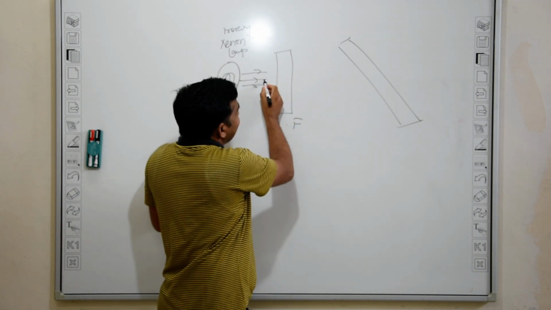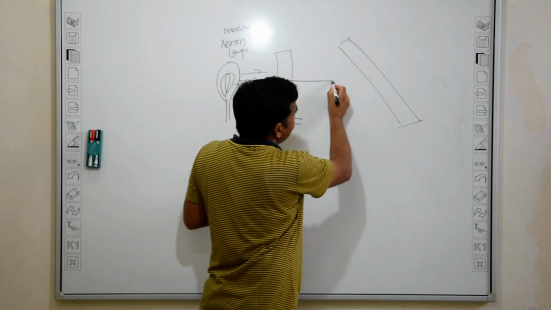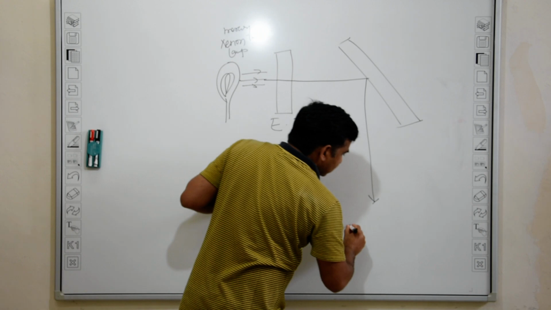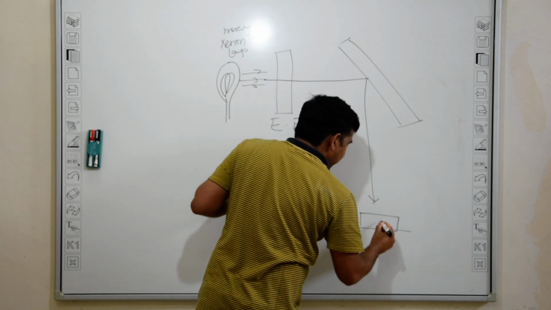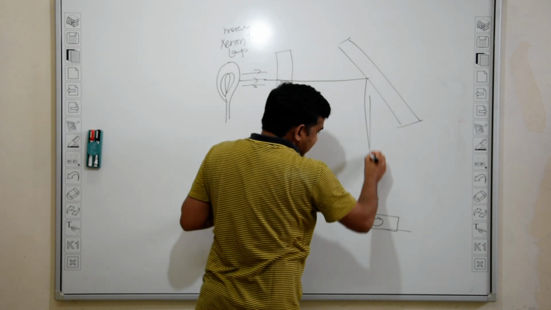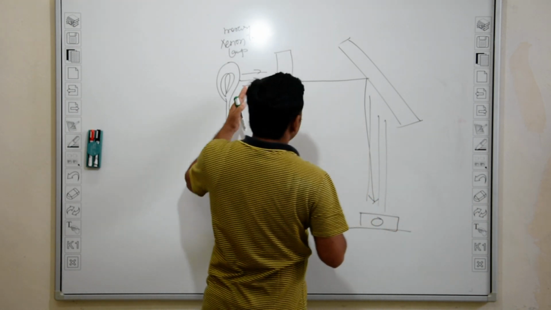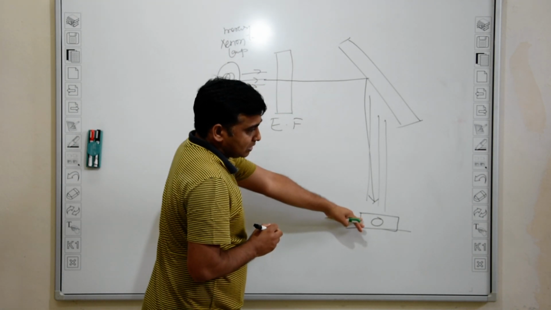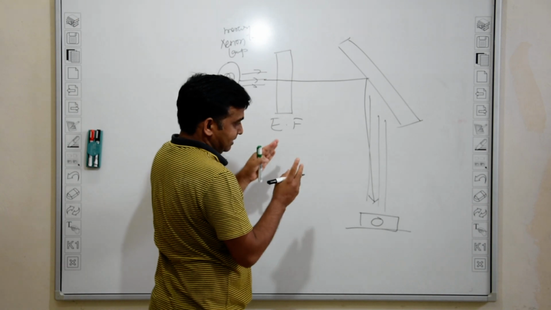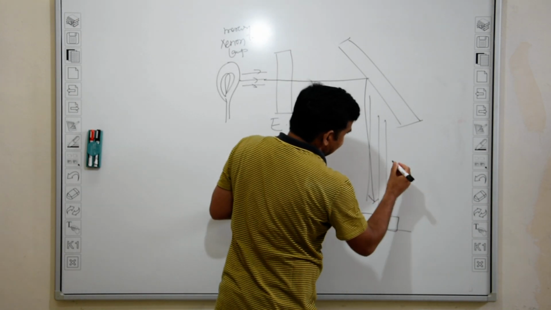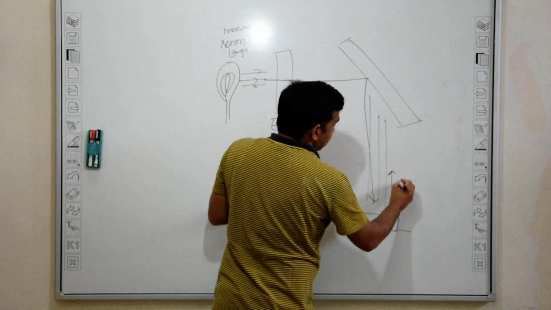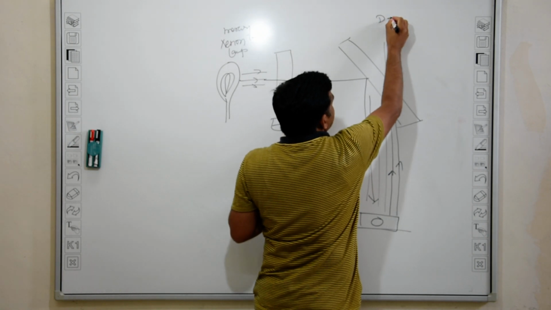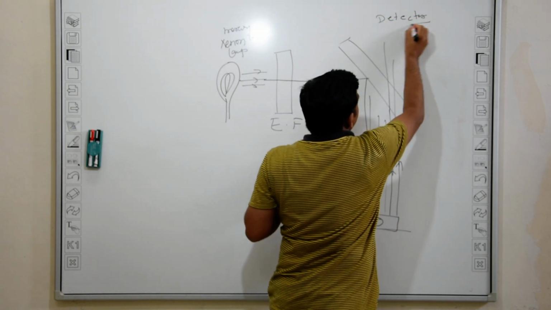So the light passed through the excitation filter, came to the dichroic mirror, and the reflected light reached the point of the sample, and the whole sample was illuminated by this light source. The wavelength of the light touching the sample was short wavelength and high energy, but the emitted light was of longer wavelength and less energy, and finally it reached the detector, and we were able to see the image.